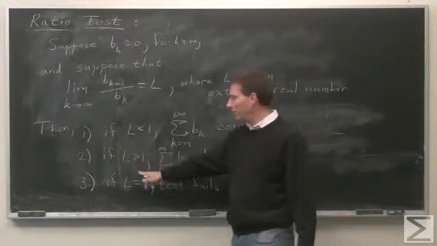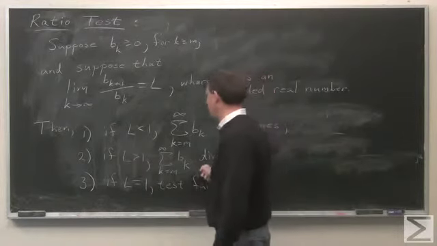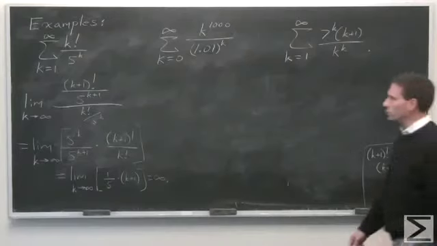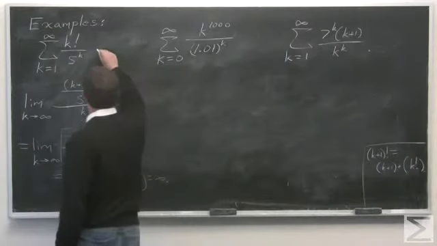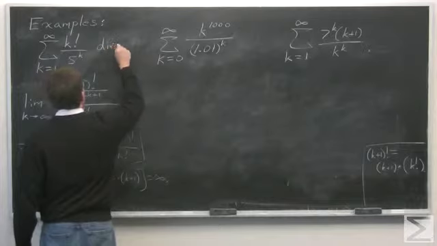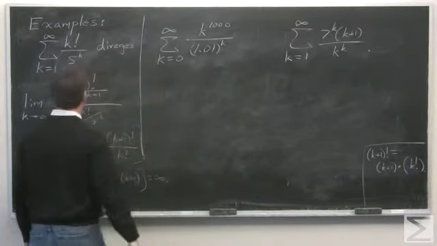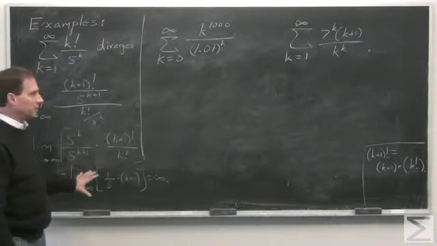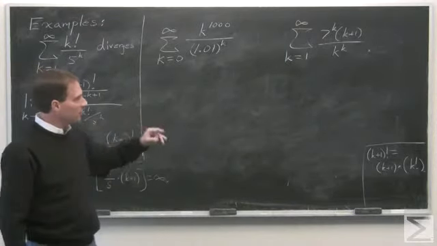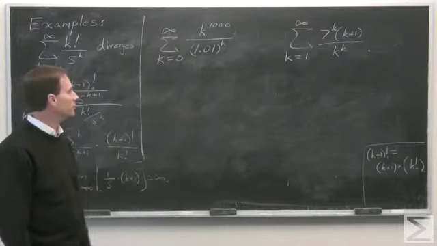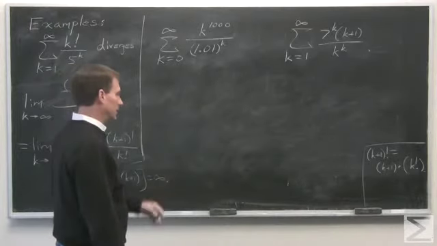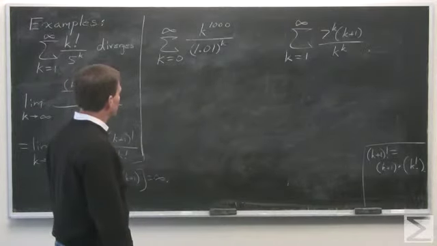Well, L is coming out to be infinity. Infinity is greater than 1, so the series diverges. So that's what we're concluding right here. This diverges by the ratio test. The L came out to be infinity, and I'm glad we did this example because I should have emphasized that L could be infinite, and the series still diverges.